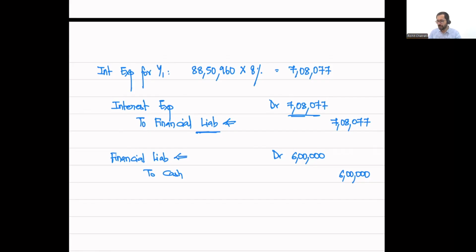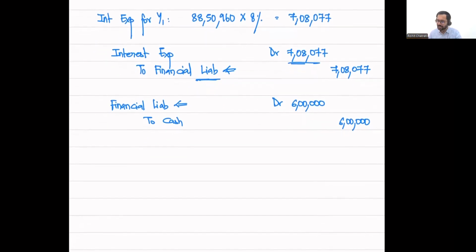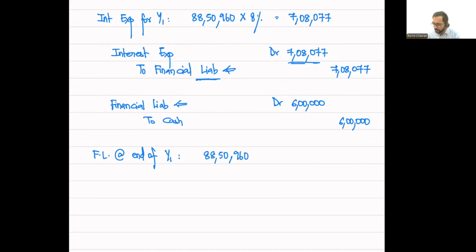If you think of it that way, the financial liability value at the end of year one will be equal to, we started the year with a value of 88 lakh 50,960. We then increased the liability with 7 lakh 8,077, and then we made a payment of 6 lakhs, effectively increasing my liability by 1 lakh 8,077. So my closing liability value will be 88 lakh 50,960 plus 1,08,077.